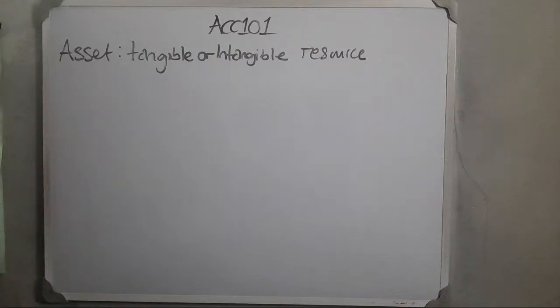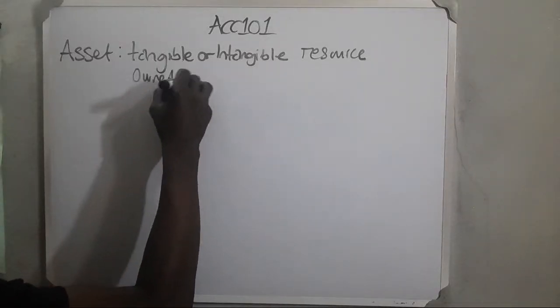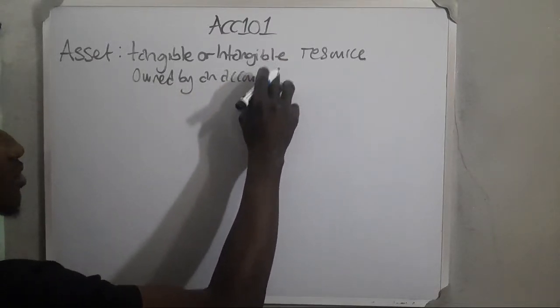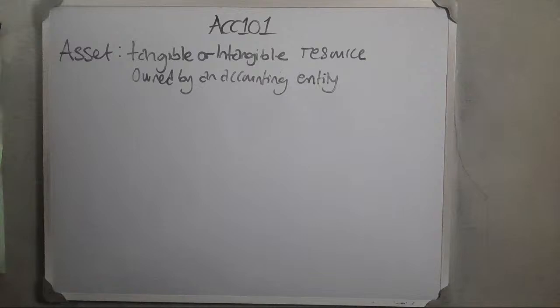That's the first point. A tangible or intangible resource that is owned by an accounting entity, probably a company, an organization, a business, an individual. There's an owner. It belongs to an accounting entity, it belongs to someone.